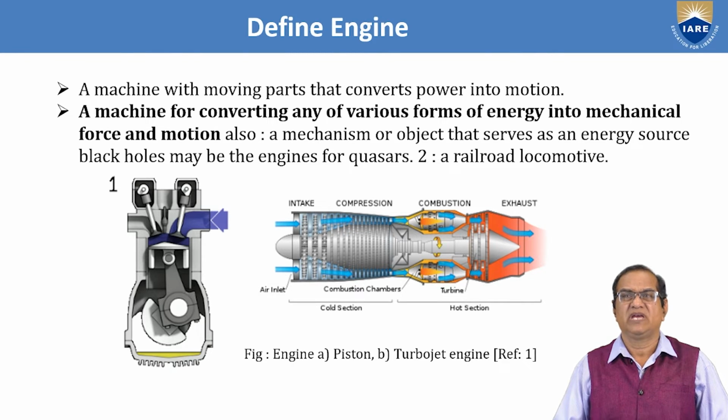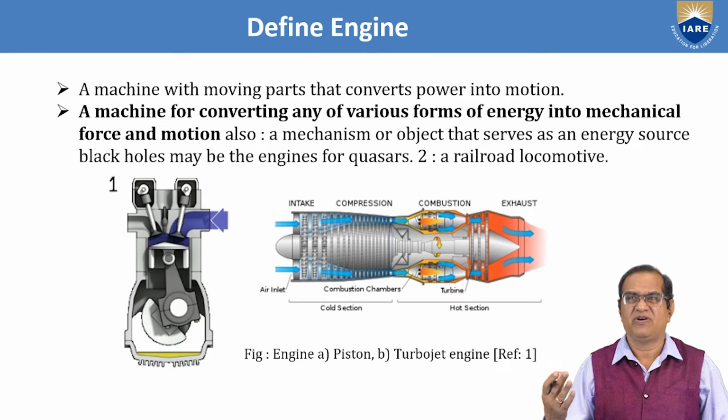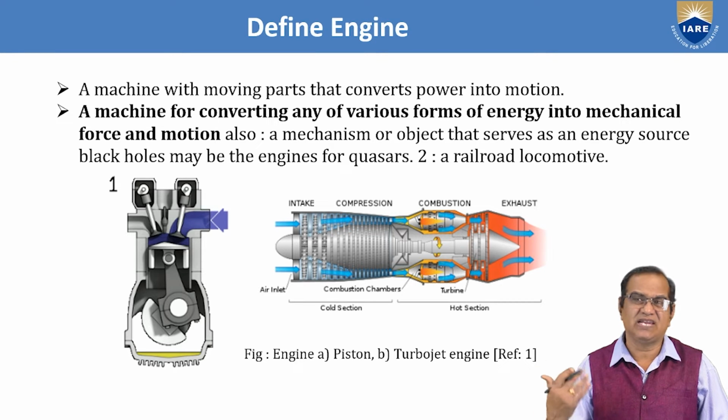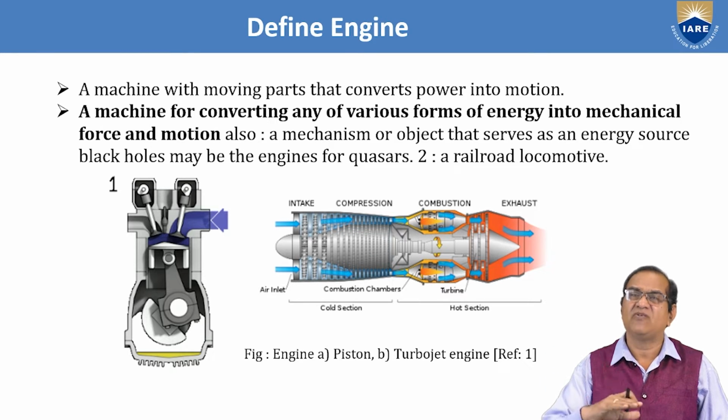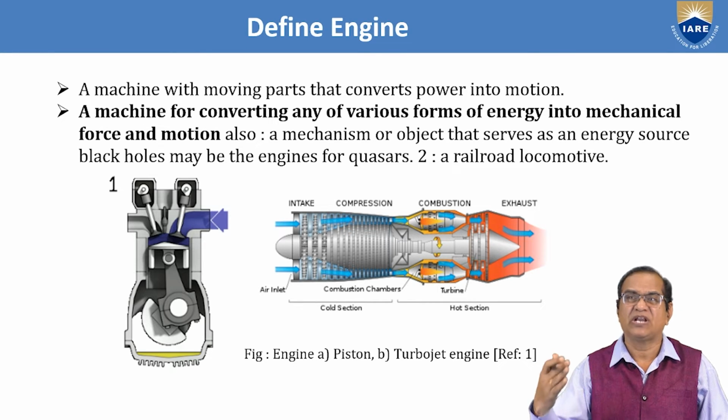Any type of power, maybe chemical power, like in our engines which I have shown here, we use some fuel. This fuel has to be burned inside the combustion chamber, and with this burning of the fuel, chemical energy will convert to heat energy, and this heat energy will be utilized by the piston or by the turbine rotors, and this will be converted to mechanical power.